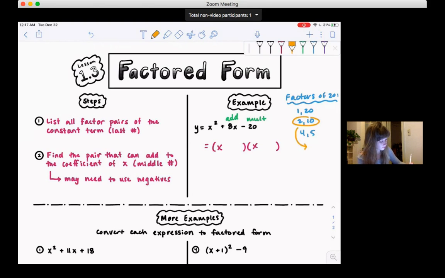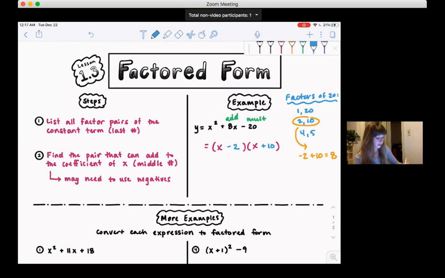So if I do a negative 2 and a positive 10, I get an 8. So that's telling me the numbers in the factors should be negative 2 and positive 10. And it doesn't matter where they go, so I can put the negative 2 here and the positive 10 here. I could have also flipped them and it would still be fine. And now we're in factored form.